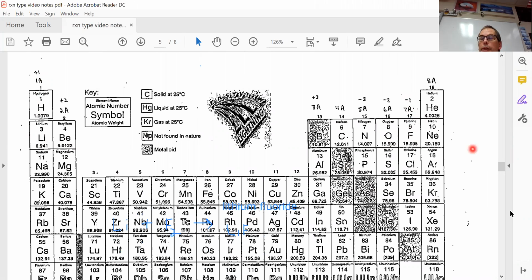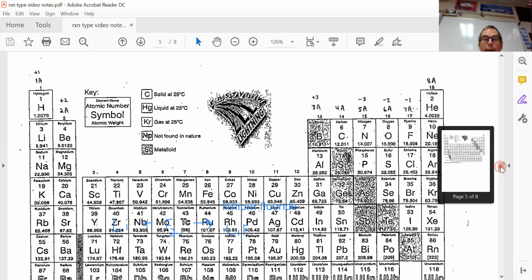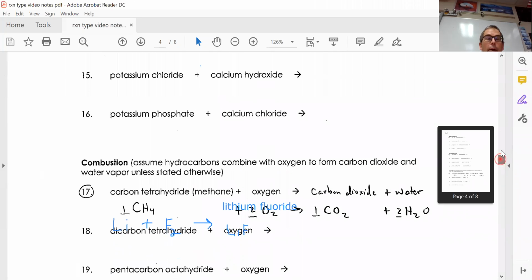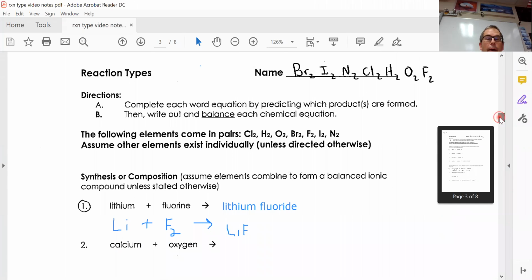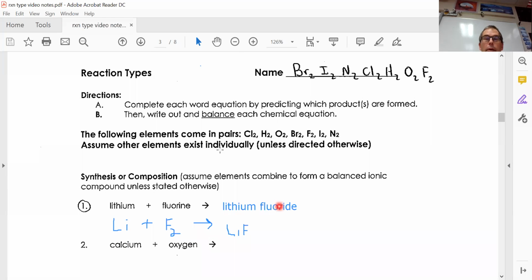It has a -1 charge. You could also find that by looking on the common ion chart, but I think I'm going to just do it the way that I did it right there. Okay, so I'm going to just make note of this, that this was a +1 here for lithium, and fluoride was a -1.